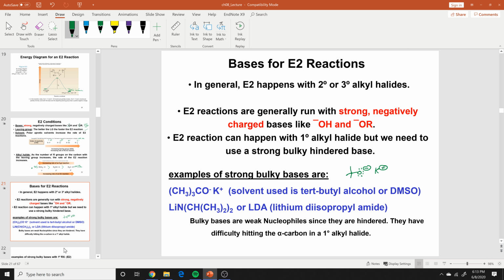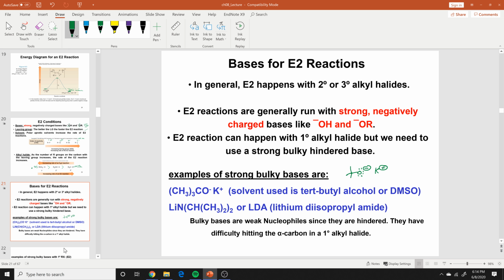These are hindered by the bulky carbons, so it prevents that base from acting as a nucleophile. So this can never add to make an SN2 product, but it will take an acidic hydrogen, because hydrogens are small and these lone pairs can take the acidic hydrogen, but they cannot add to the partial positive carbon in order to make a substitution product.